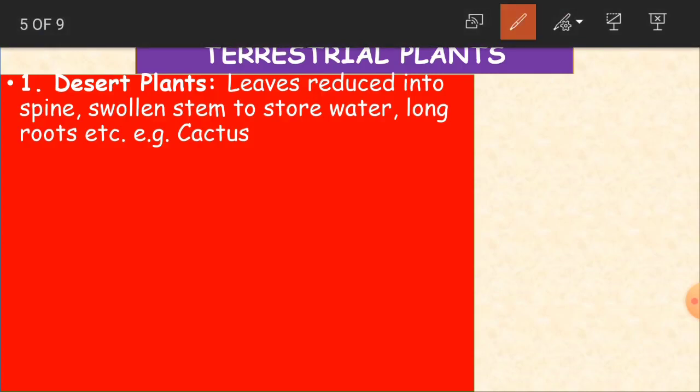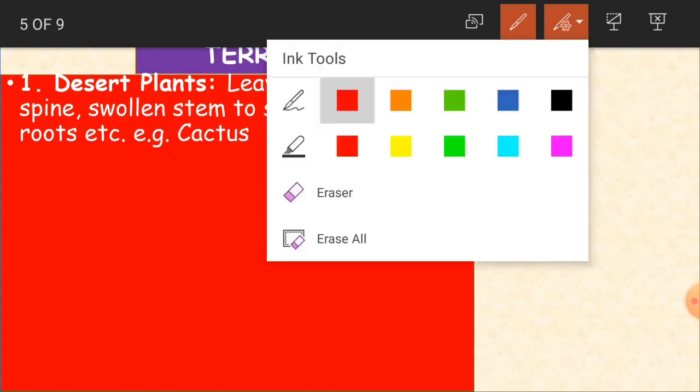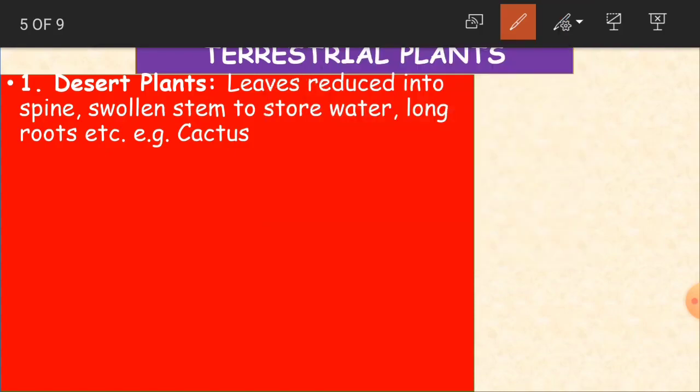They have a swollen stem to store water. Whenever it gets water, it stores the water in its stem. And desert plants have long roots. These are the features of terrestrial desert plants.